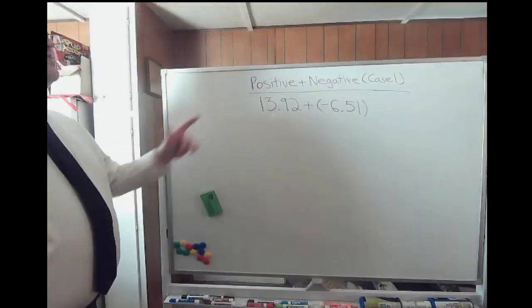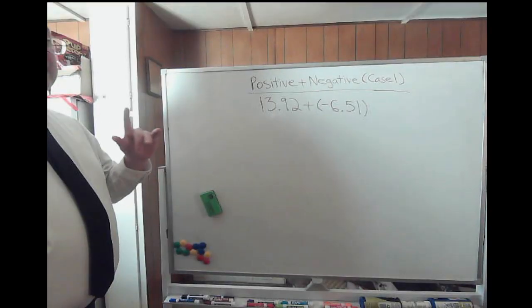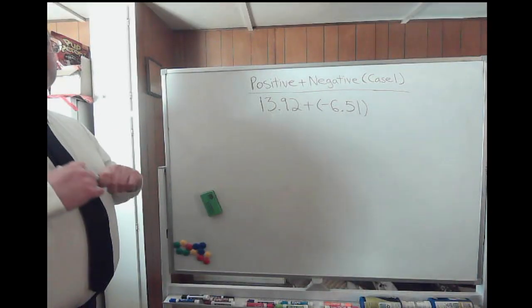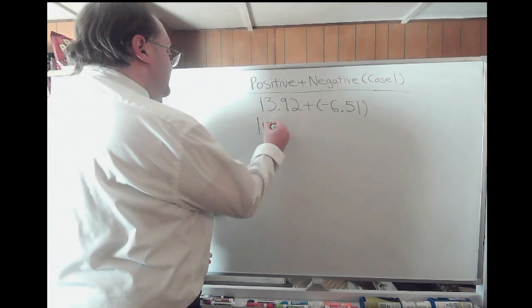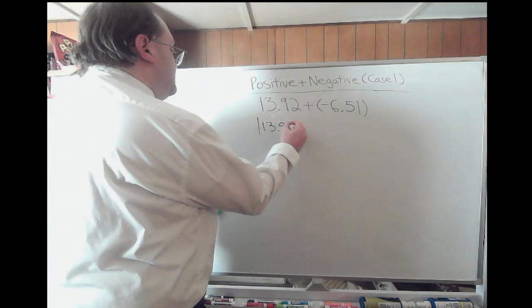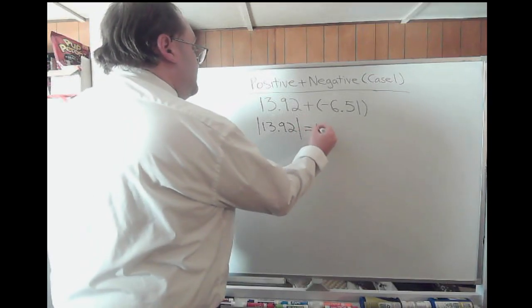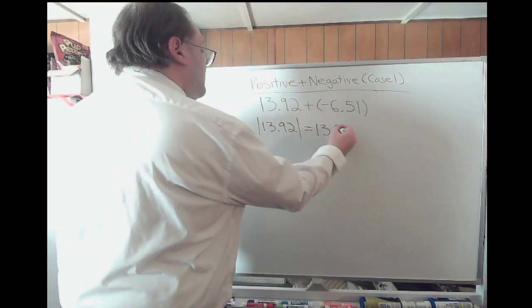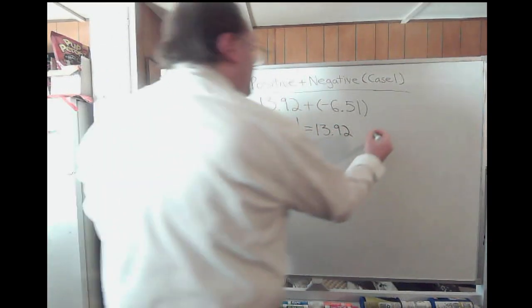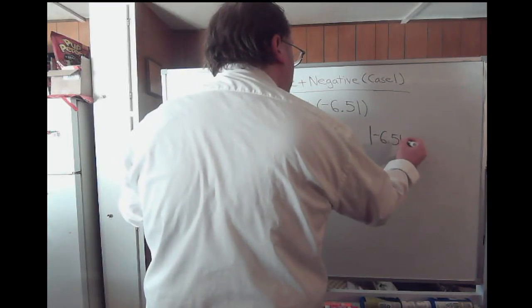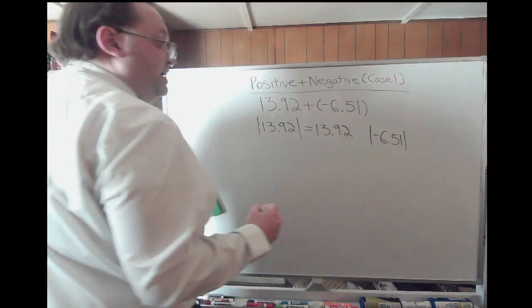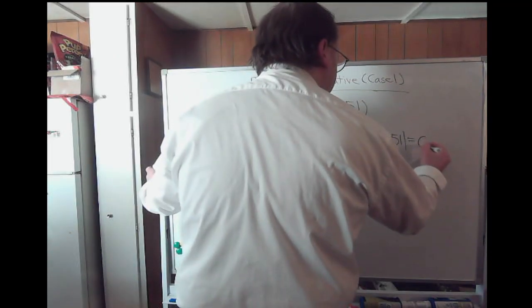Since again you have a positive and a negative number together in an addition equation, first take their absolute values of each term. So the absolute value of 13.92 is equal to 13.92. Let's also take the absolute value of negative 6.51. Well, the absolute value of negative 6.51 is positive 6.51.